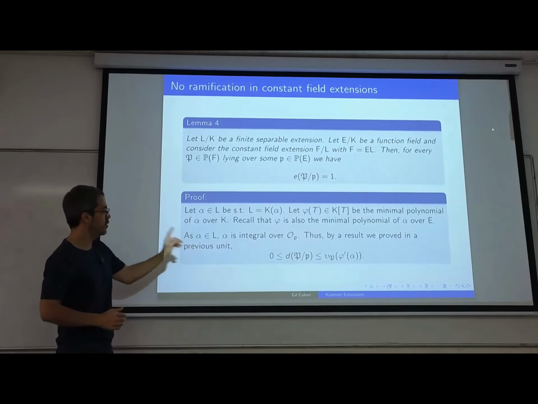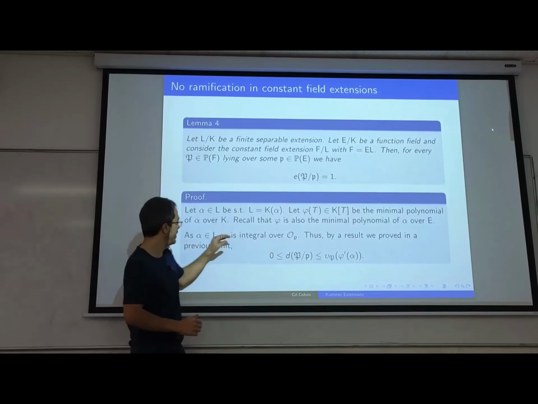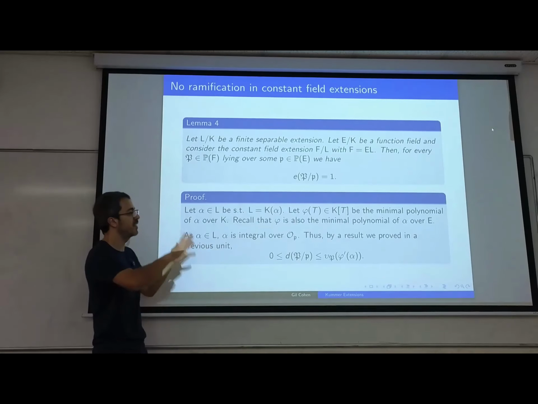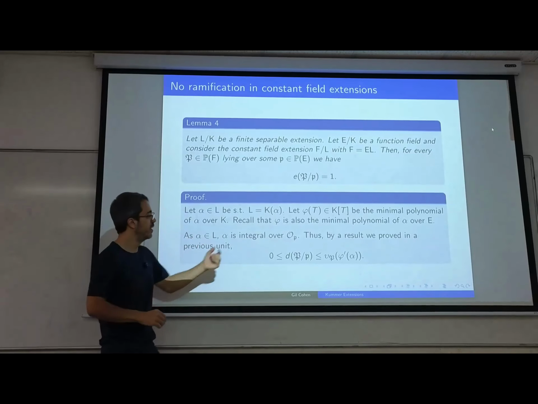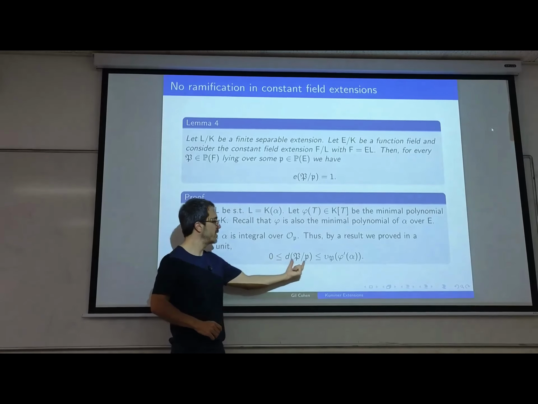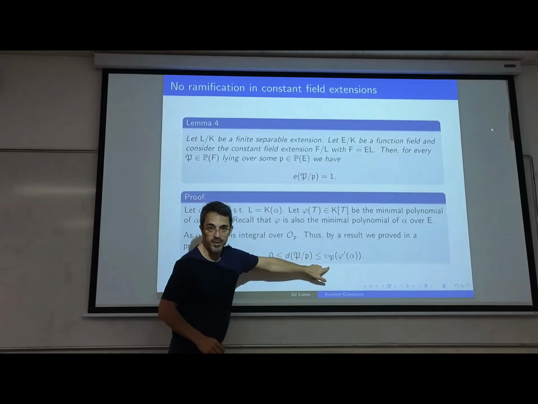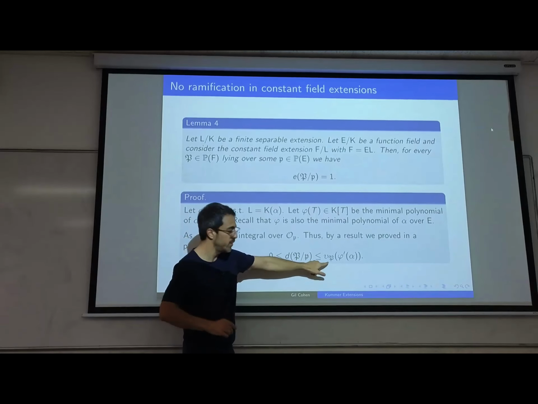And that's useful for us now because under this assumption, if alpha is integral over P, and the extension is finite and separable, and it is, then the different exponent is bounded by that. It's always at least 0, I added that, but it's bounded by that. That was the second to last thing I said before.